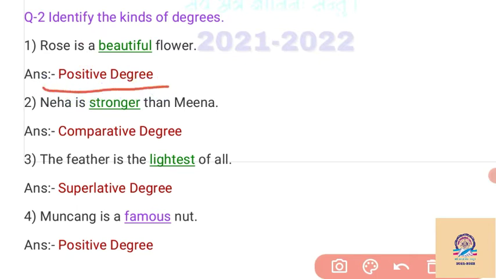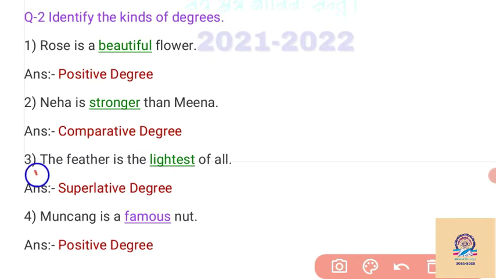Then second sentence, Neha is stronger than Meena. Here we are comparing Neha with Meena, and "than" is also given here. Strong is the positive degree, which changes into stronger in the comparative degree. So by seeing "than" and stronger, we can say that our answer is comparative degree.